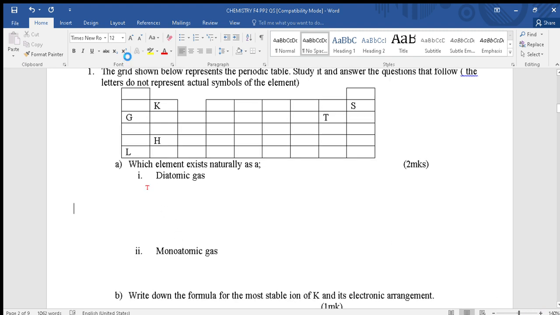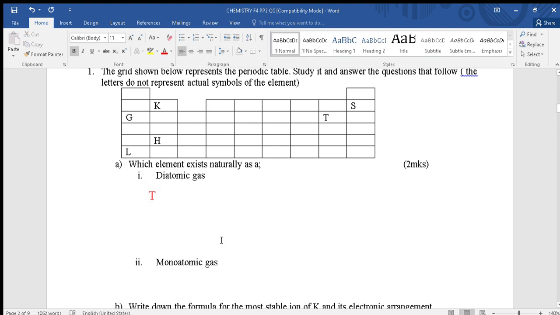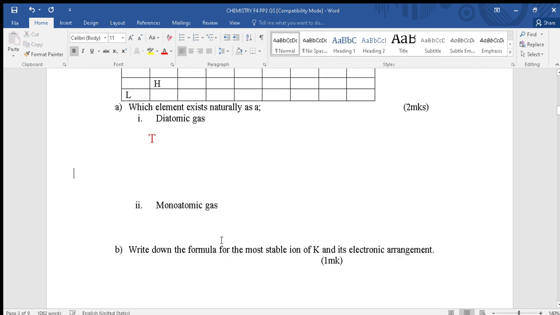Now once you note that, we proceed to the other question here. I'm just going to increase the font size so that it becomes more visible to you. Yeah, that's at least better. Then we come to a gas that exists as a monoatomic gas.